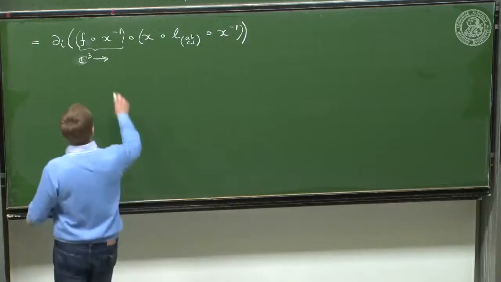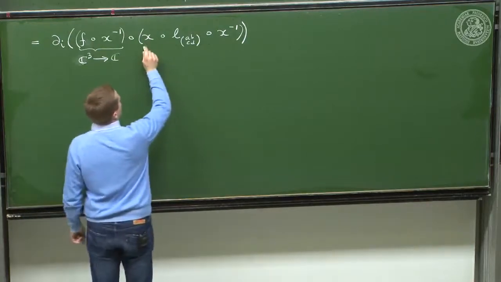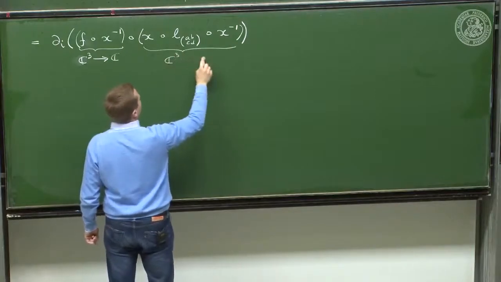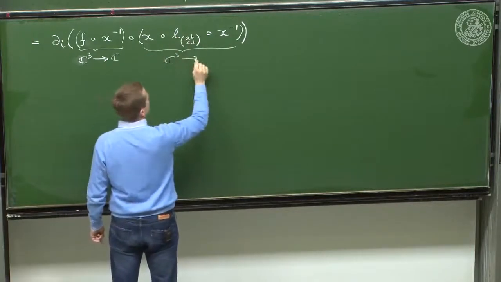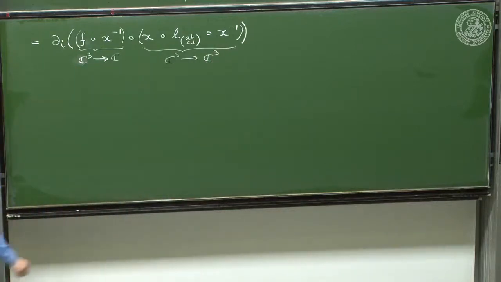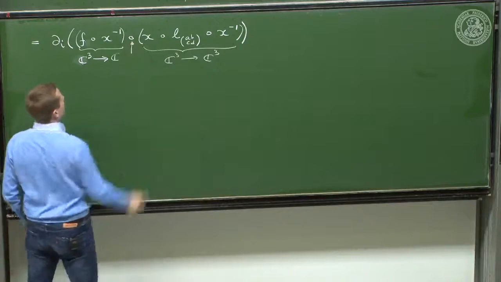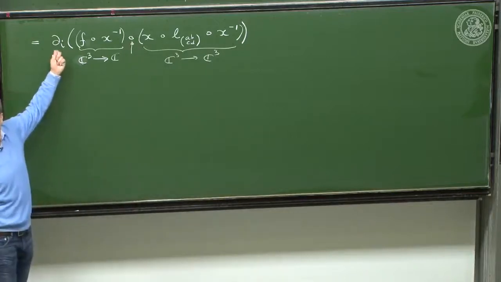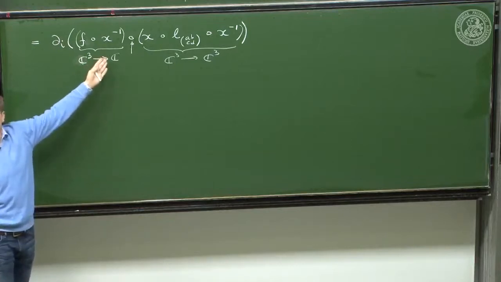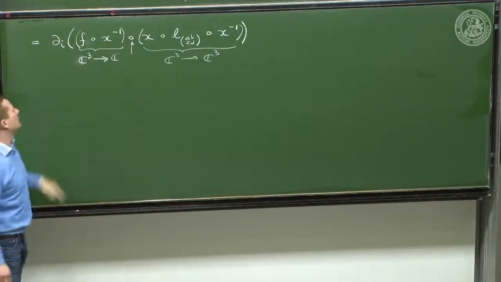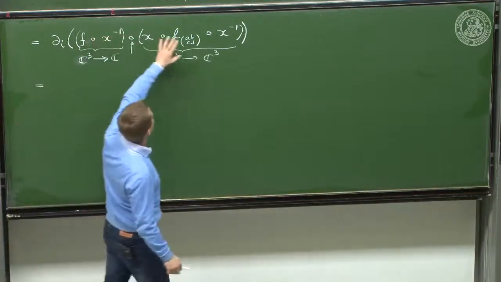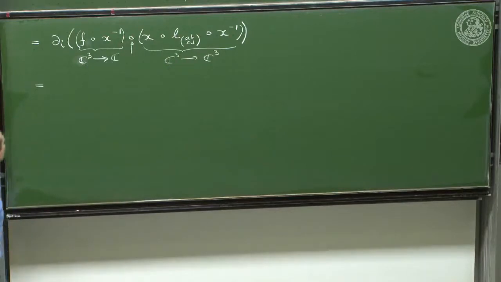C3 to C, and this guy here goes from some part of C3 via the manifold down to C, some part of C3. Well, that's the situation, and there is a composition in between, and there is a derivative. It's multidimensional, so we need the multidimensional chain rule. But we can use the multidimensional chain rule. So how does it work? So that's the outer derivative, and that's the inner derivative.